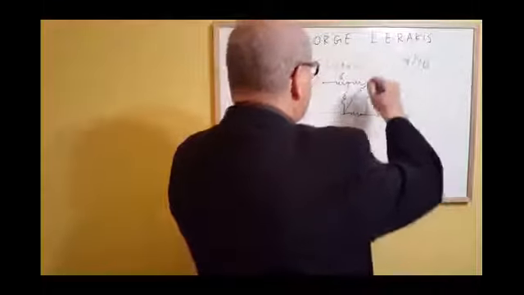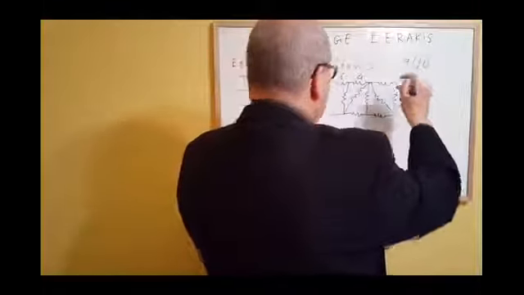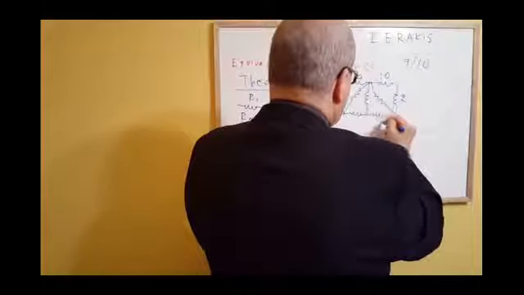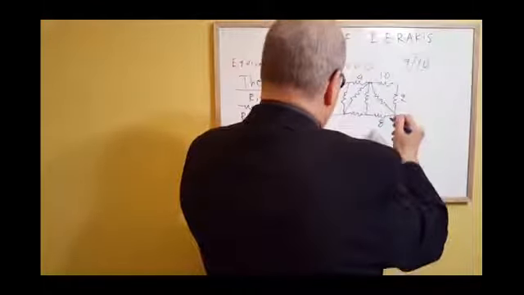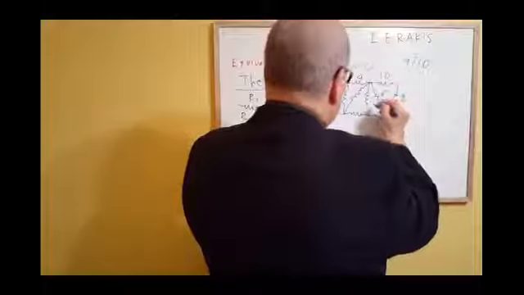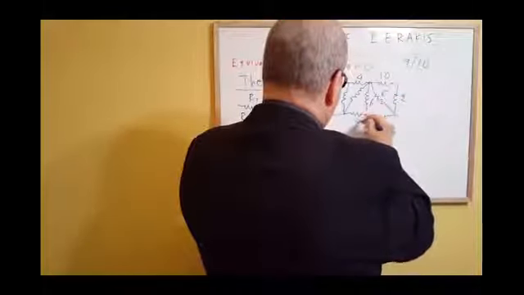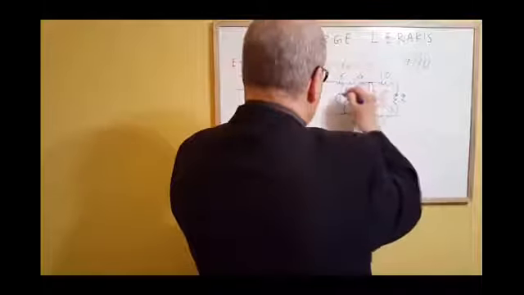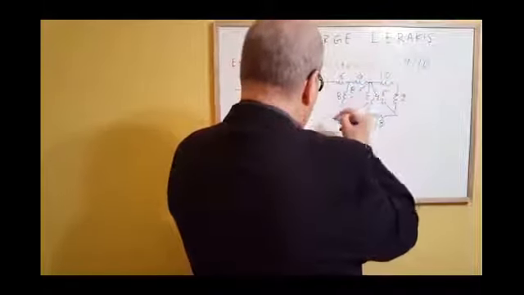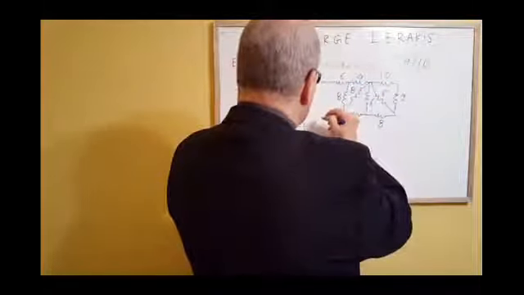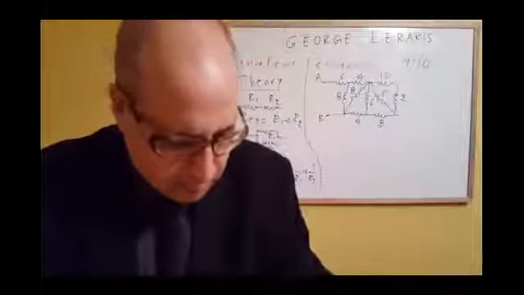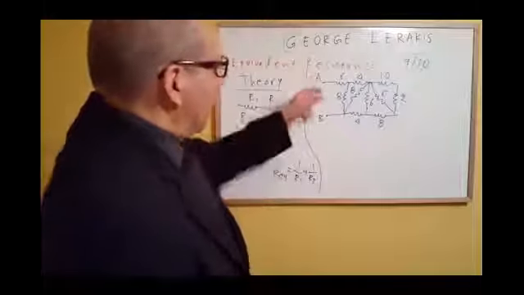This is 6, this is 4, this is 10, this is 2, this is 8, this is 6, this is 6, this is 4, this is 8, and this is 8. And of course we have to find the equivalent resistance between points A and B.